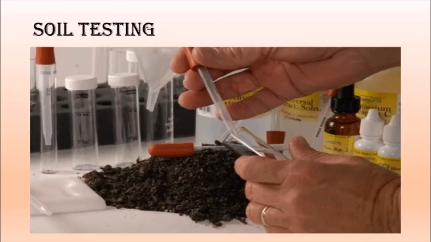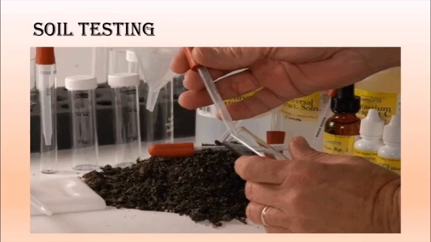Now we all know that to check the pH of the soil, you need to check on a scale from 1 to 14. If the pH is less than 7, it is acidic. If the pH is between 6.5 and 7.5, then it is neutral. And if the pH is more than 7.5, then it is alkaline. So accordingly, the pH of the soil is tested.